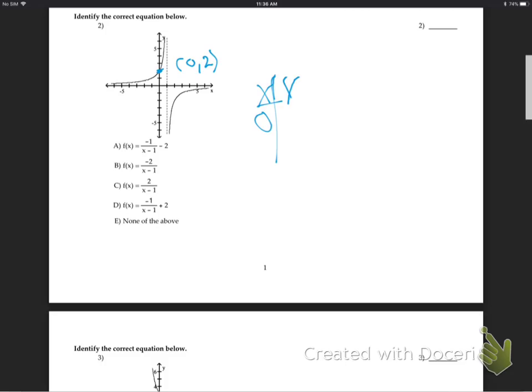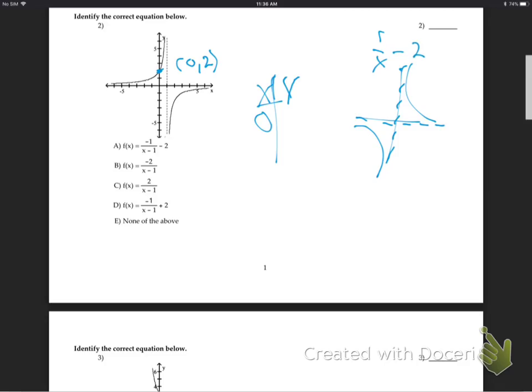Why can we eliminate A? -2. What's wrong with the -2? Yeah, that would be a vertical shift. That'd be an up-down movement shift. What's the basic graph here? It's 1 over x. What's the 1 over x graph? It's like this, and the asymptotes are right down the middle, like that. That's the normal graph. Then there's been shifts, huh?